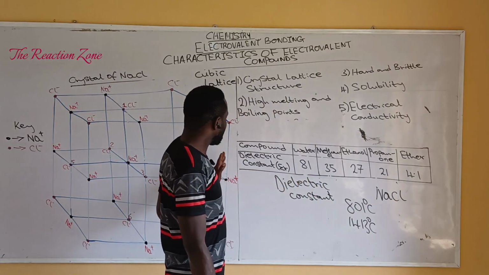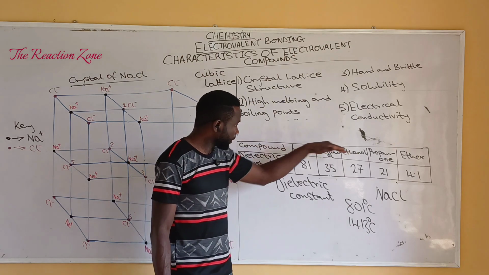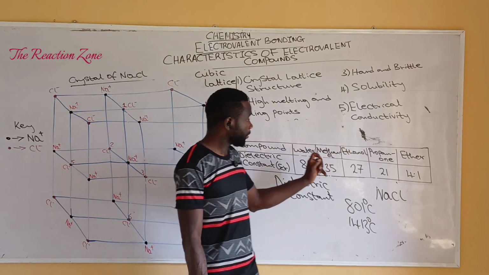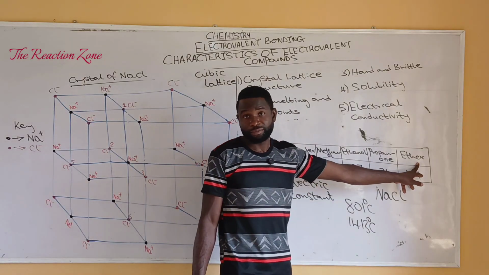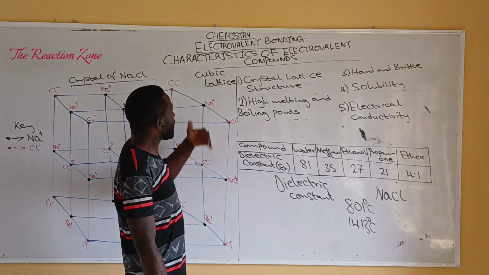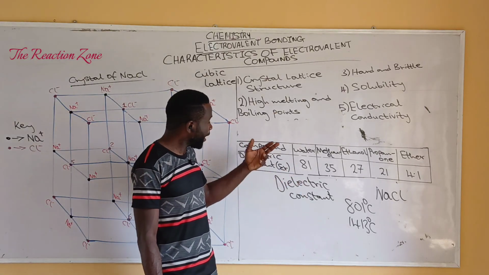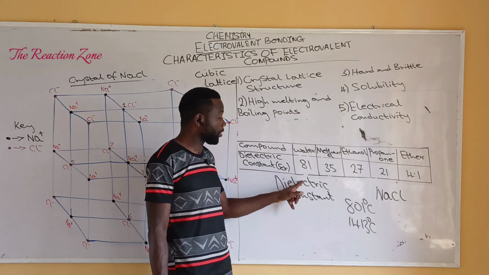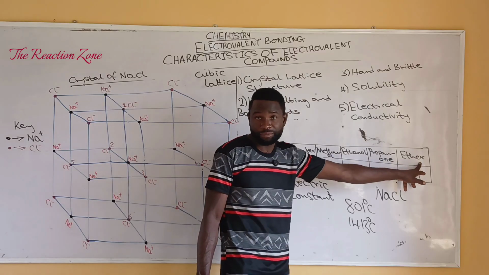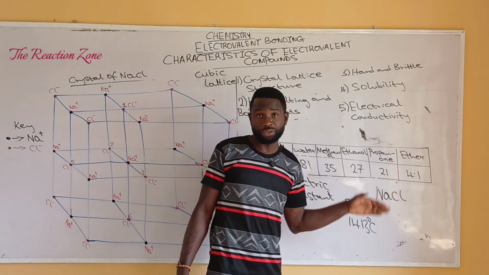Now, when you look at the values of the dielectric constants of these compounds, water has the highest, and the least value is for ether. So from this table, we can infer that electrovalent compounds will dissolve readily in water because of the high value of its dielectric constant, but will not dissolve in ether because of the low value of its dielectric constant.